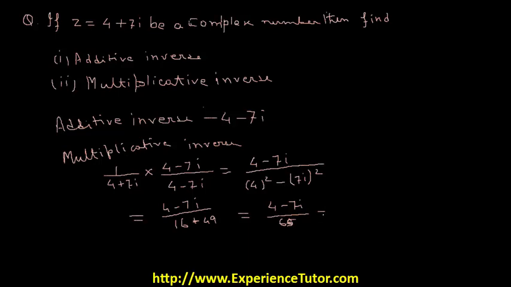Therefore, we can write it as 4 by 65 minus 7 by 65 i.